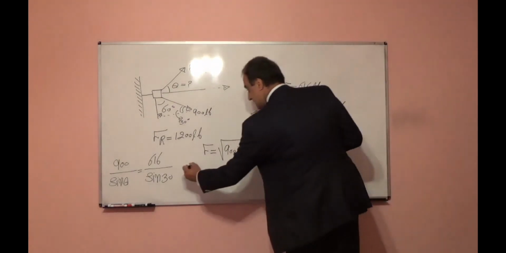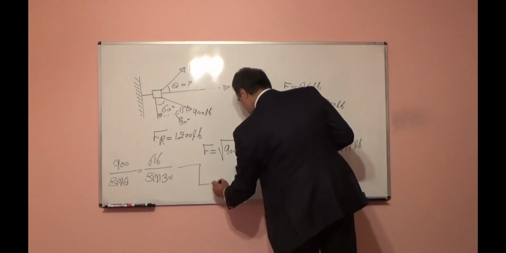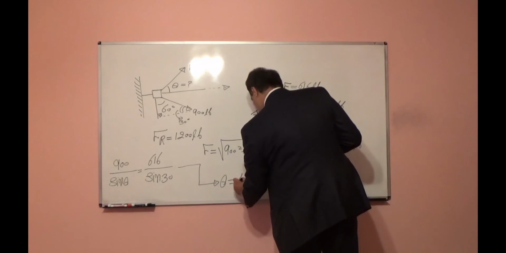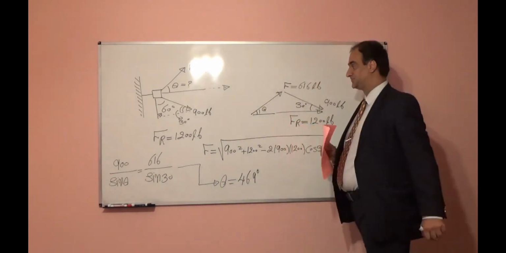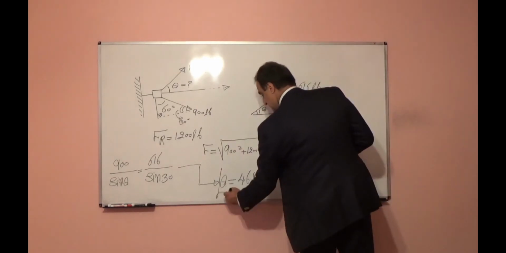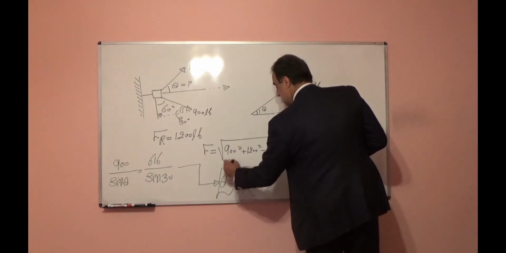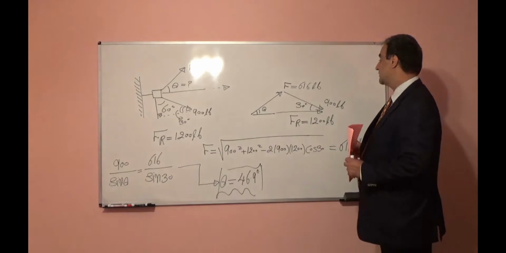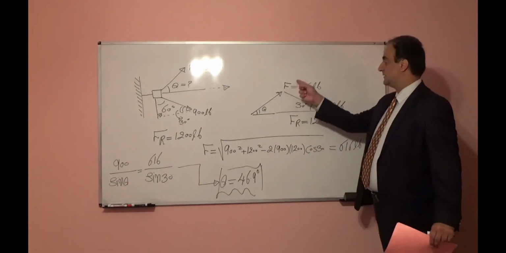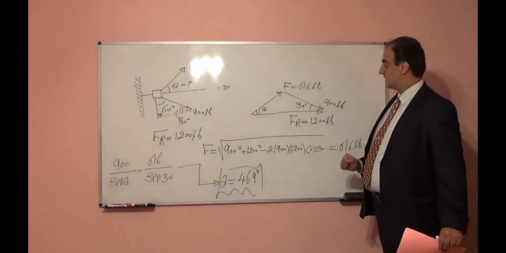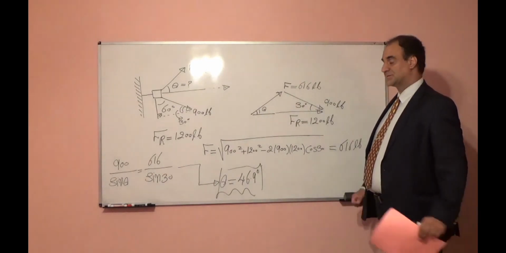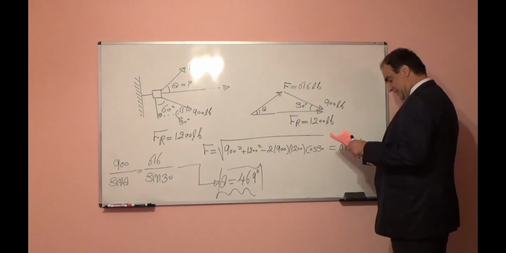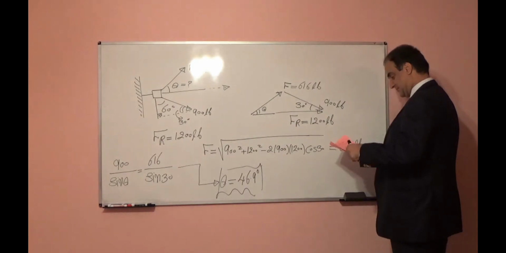From here we can find theta. Theta will be equal to 46.9 degrees. So, using the triangle rule, I found the magnitude of F and the orientation of F with respect to the horizontal direction. Let's look at the next example.